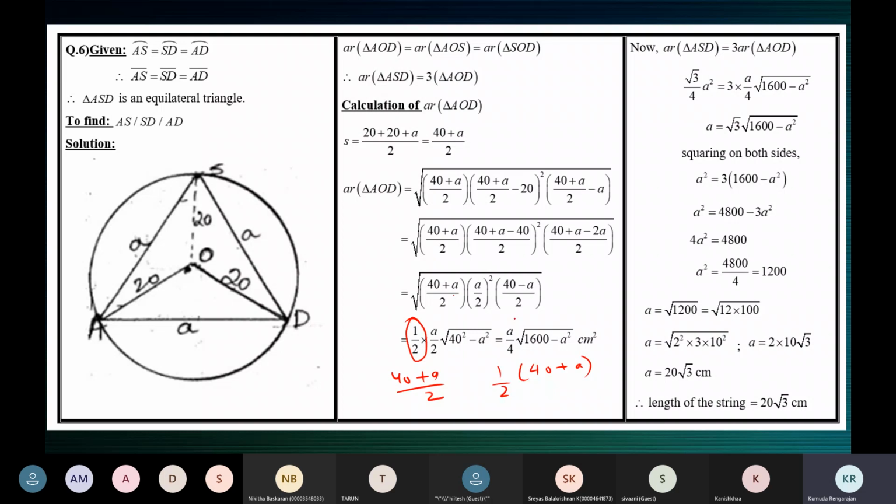This 40 minus a by 2 is half of 40 minus a. So there are two halves, one half comes out of the square root. There are two a by 2's, one a by 2 comes out of the square root. And then what is left under the square root? 40 plus a and 40 minus a, which is of the form a plus b into a minus b, which is a square minus b square.